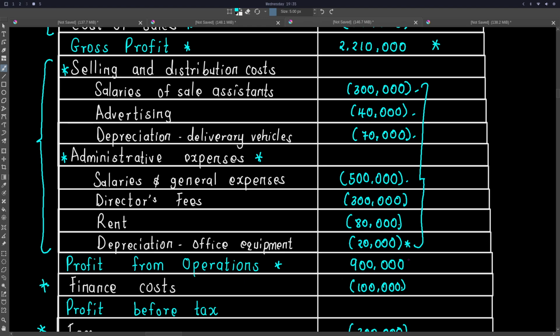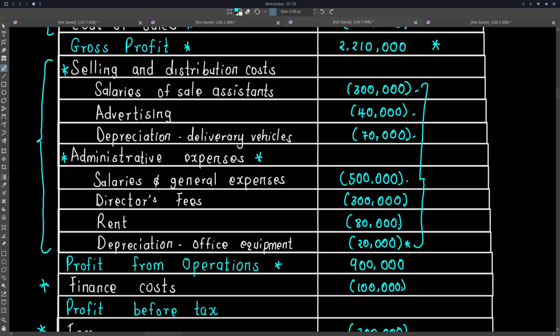So this is usually indicated like this, so that someone will be able to see how the business is running effectively, okay? Because you could have a business that doesn't have a loan. Maybe they had enough money that they didn't require a loan, but they are not operating effectively. But someone who has a loan, you can see they have a loan, but still the profit from operations is higher.